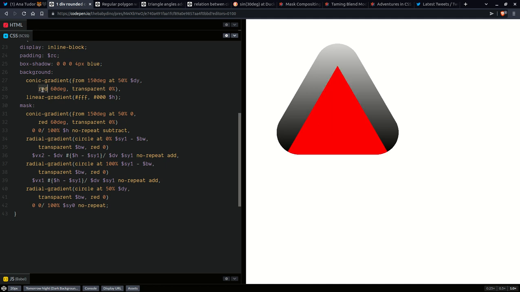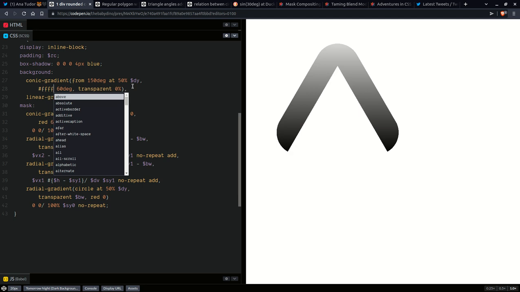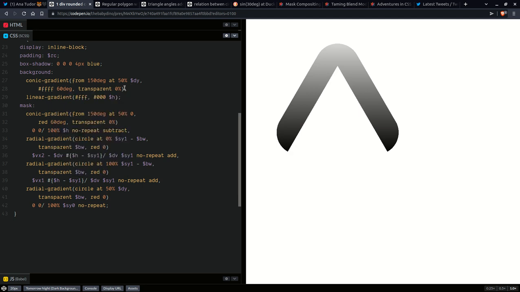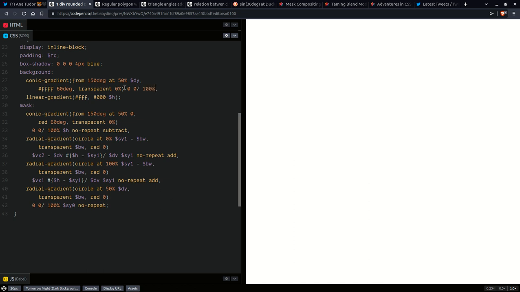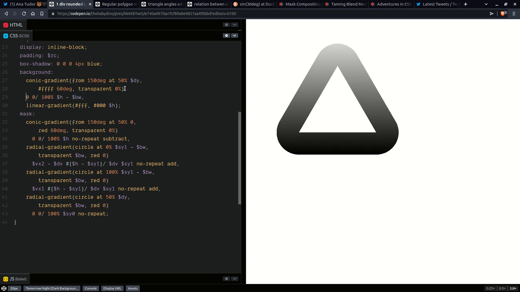And we're going to want this to be white, right? And we're going to want the background size to cover everything fully horizontally, and then we're going to have the height minus the border width. Okay, right, so something like that.